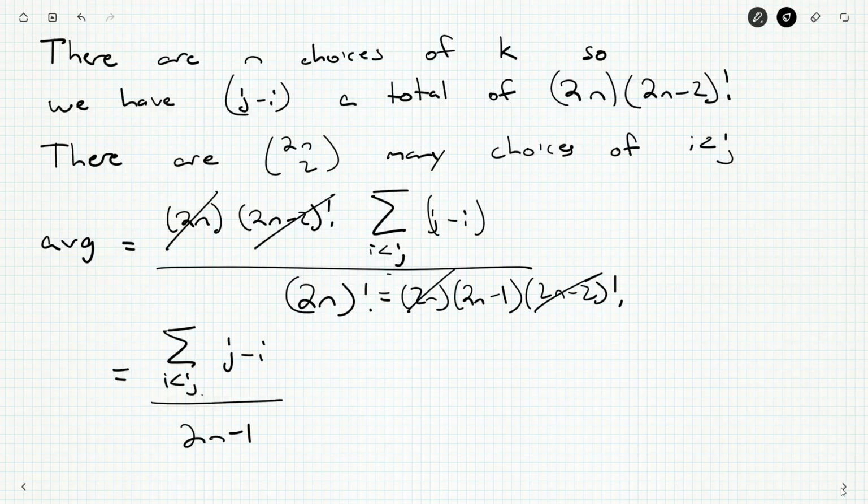Can we simplify this top expression? I'm not entirely sure how to go about it. I'm going to split it up as j equals 2 up to n, and then the sum of i equals 1 up to j minus 1, sorry, of j minus i.